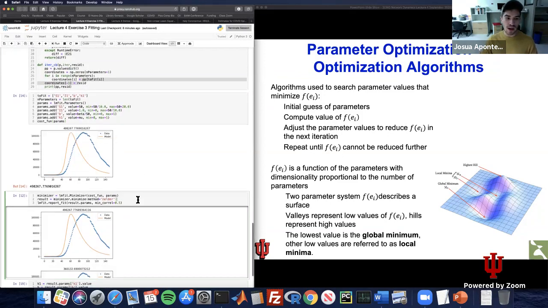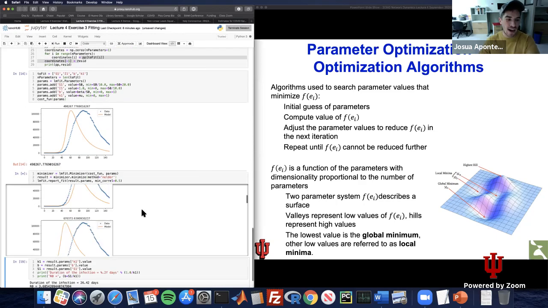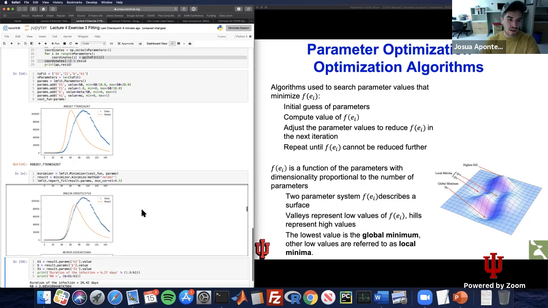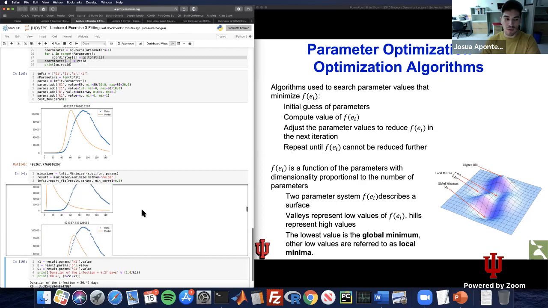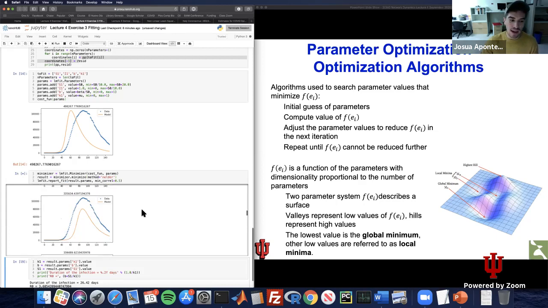So now we're gonna let our algorithm try to find the parameters that minimize that difference. And you guys can see how the algorithm is changing those parameter values to try to get a curve that fits the data that we provided better. And you see how it's exploring that space.